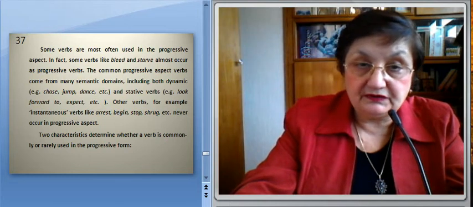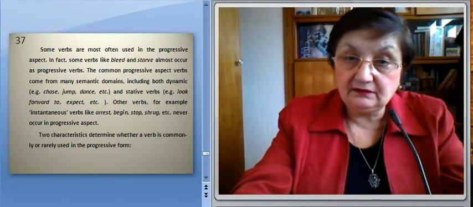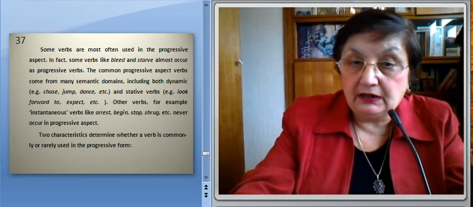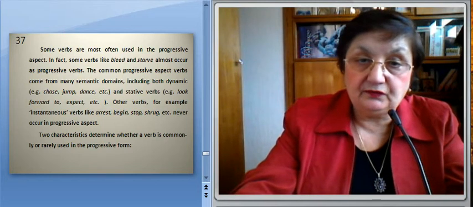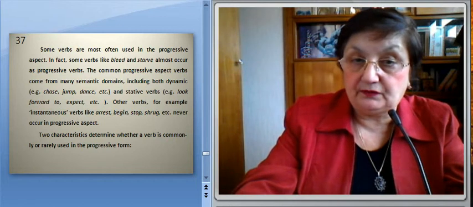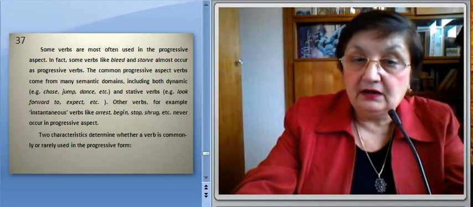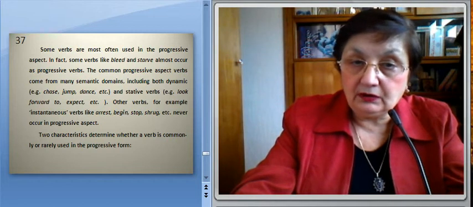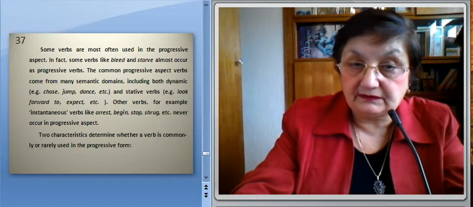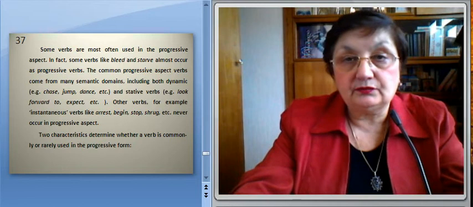Two characteristics determine whether a verb is commonly or rarely used in the progressive form. The first is whether the subject is an agent, that is, the doer of an action, or an experiencer, that's a person who undergoes the sensory or cognitive experience expressed by a verb.